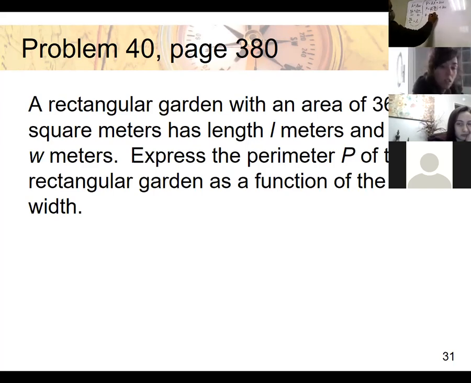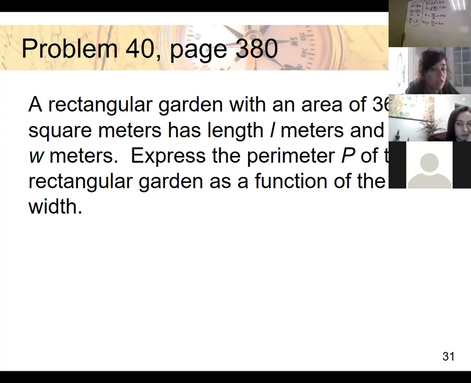So 2 times 36 is 72 over 1 times W, which is W. Okay, and this will be your function in terms of the width. And sometimes they write this as P of W.